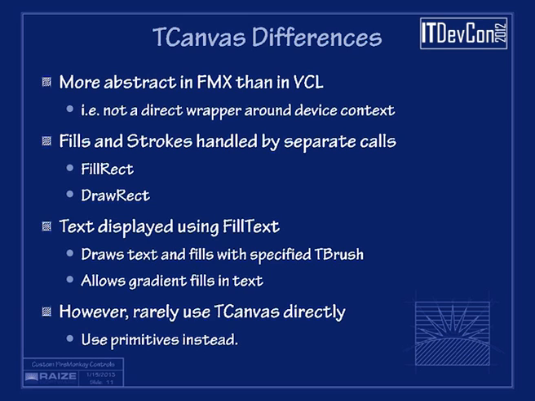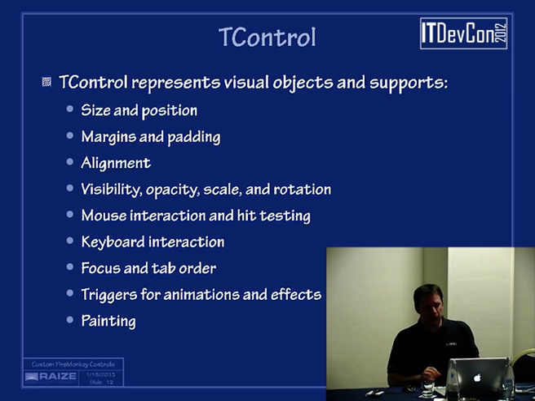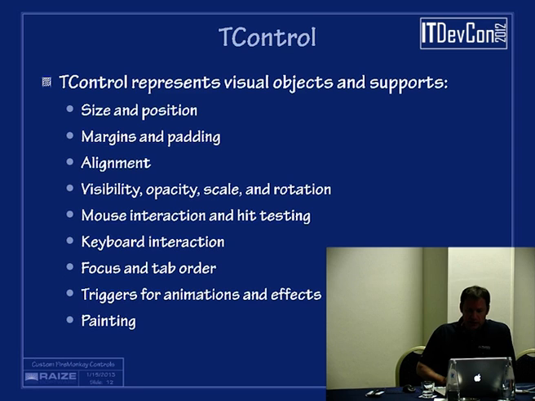What's interesting is that you will rarely ever use the TCanvas directly. Even in a paint override in a FireMonkey control, you probably won't be referencing the canvas and doing individual drawings. It's usually using a primitive instead. And so we'll see that as we go through some of the examples in the next session.